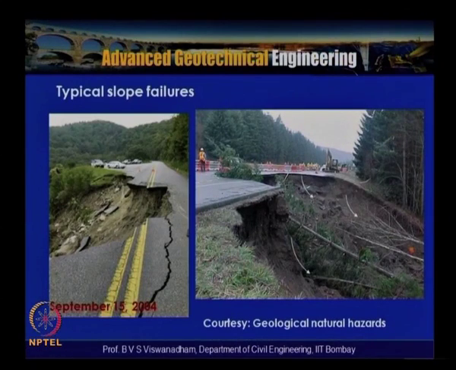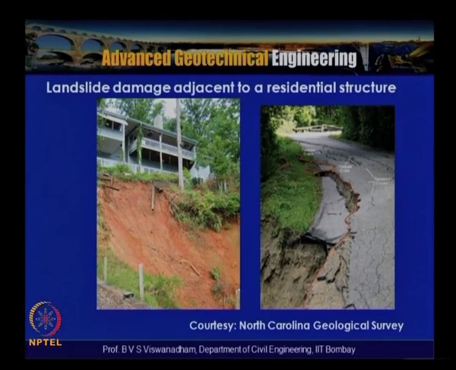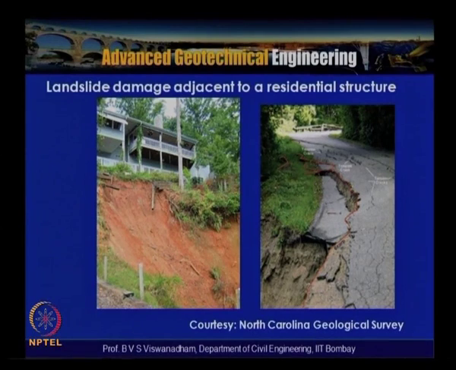And here is a typical slope failure wherein the highway slope is subjected to instability because of a slip. And this is a typical slide which shows landslide damage adjacent to a residential structure.